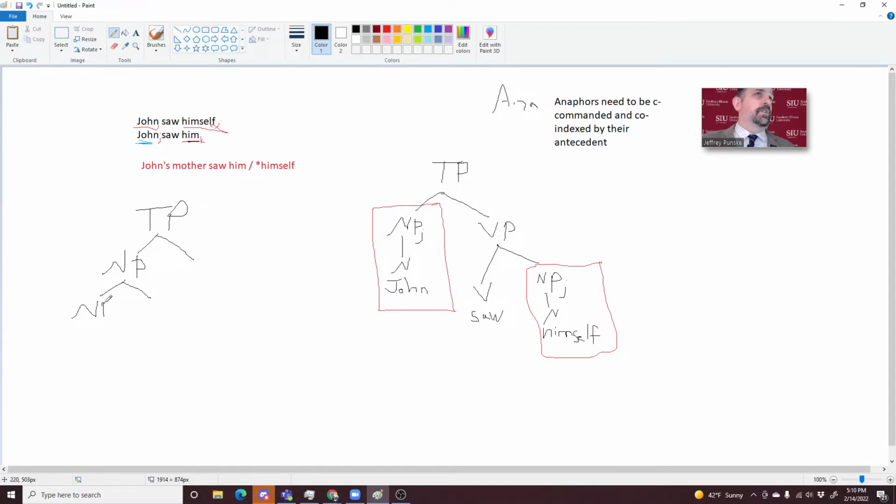I want to note right now that this sort of structural relation that we're doing inside the noun phrase is something we're going to modify pretty extensively in a couple weeks. So just keep that in mind. This is building towards future things.